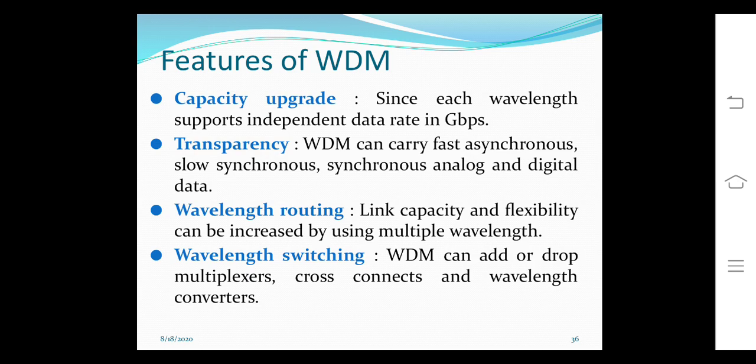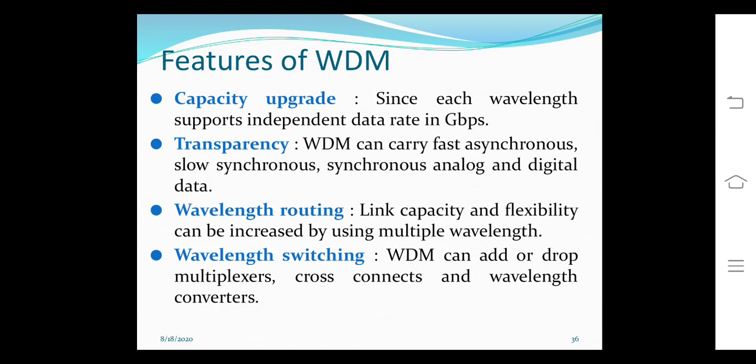The important features of WDM. Capacity upgrade, since each wavelength supports an independent data rate in Gbps. Regarding transparency, WDM can carry fast asynchronous, slow synchronous, and synchronous analog and digital data.